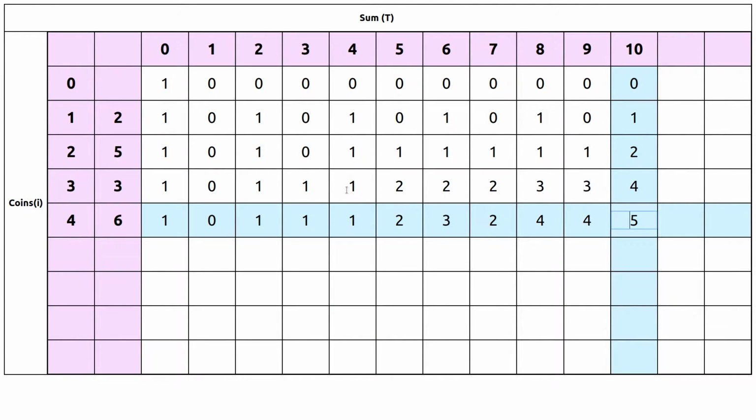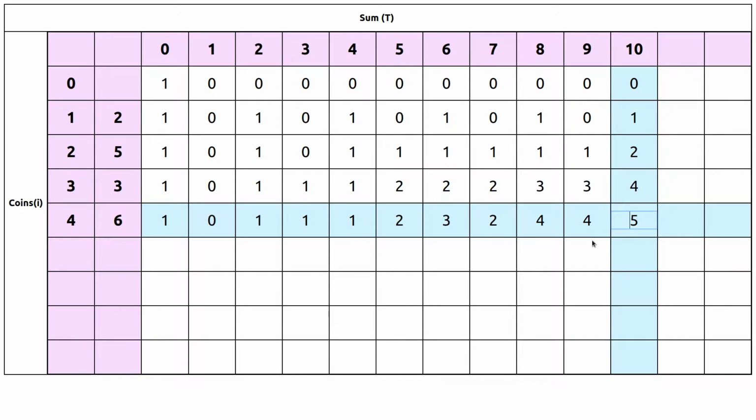So instead of looking at the previous columns again and trying to decipher that, we can directly check this by looking at the previous row. If our current value is greater than the previous row, that means we can include the current item, the current coin that we are looking at.